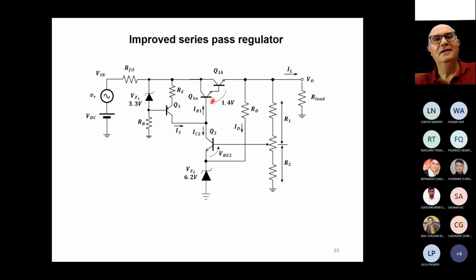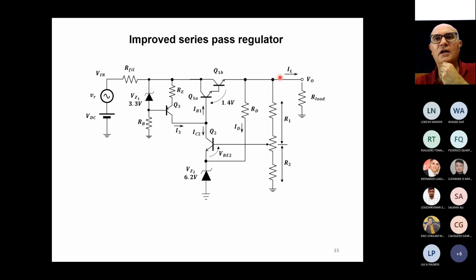By the way, what is the voltage variation with temperature for this Darlington? It should be 4.4 millivolts per Celsius, because it's given by the series of the 2 base emitter junctions. We don't care about this because the feedback will adjust everything.